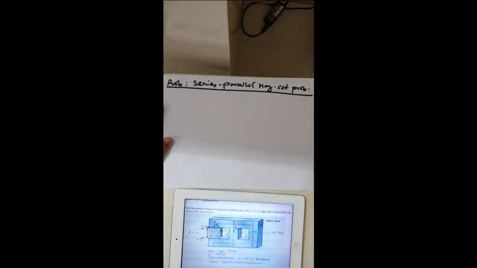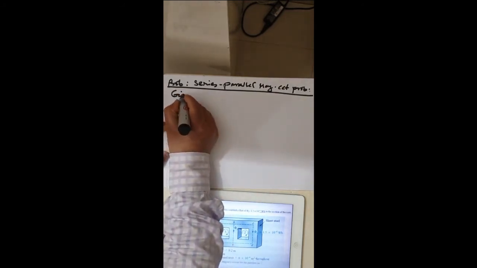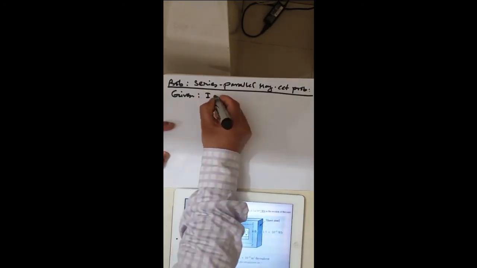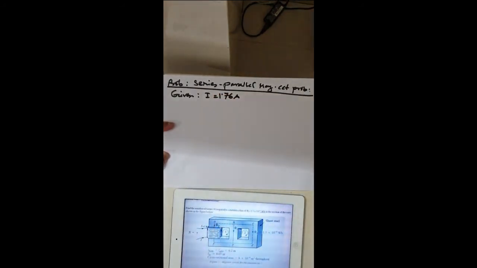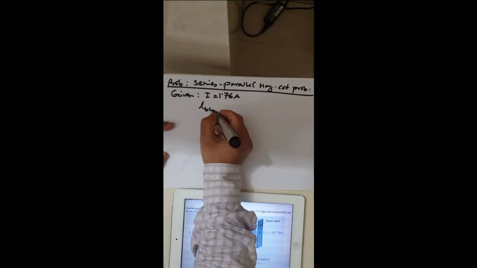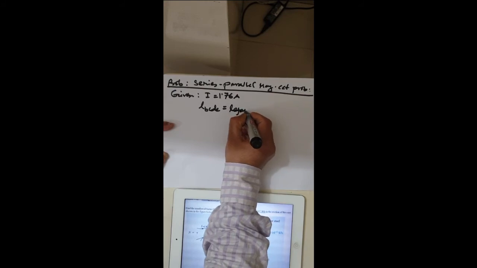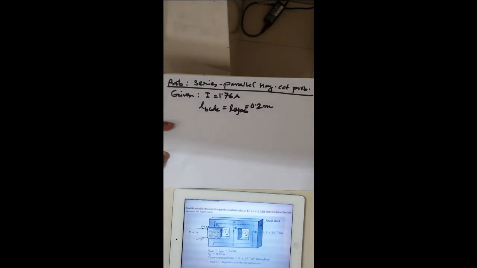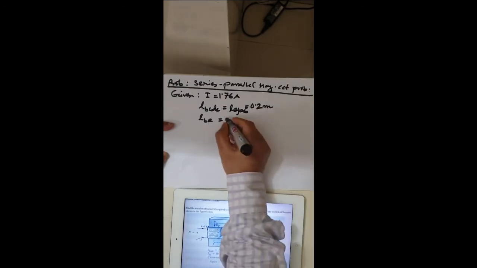This is the series parallel magnetic circuit problem, and the given things are the current I equal to 1.75 ampere, the length of EFAB given as 0.2 meter, and the length BE given as 0.05 meter.